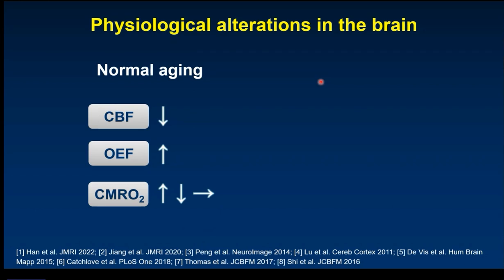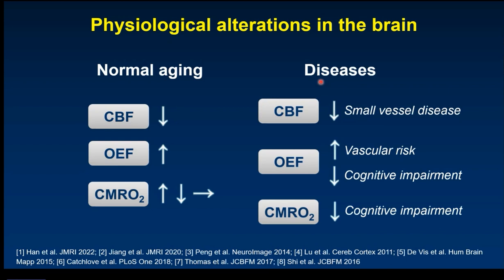get older. And for diseases, it was found that CBF was lower in patients with small vessel diseases, and CMRO2 was lower in patients with cognitive impairment. Because CMRO2 reflects the oxygen consumption, it might relate to the neural function, and so CMRO2 might be lower in people with neurodegeneration.